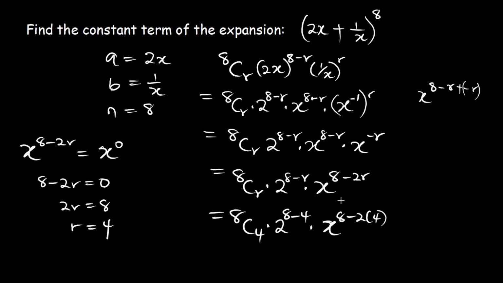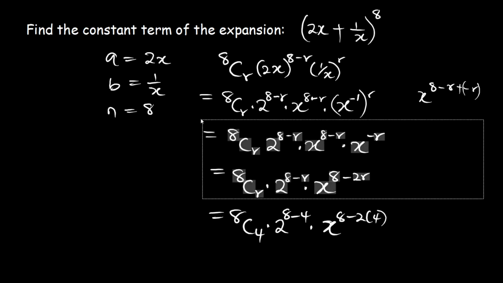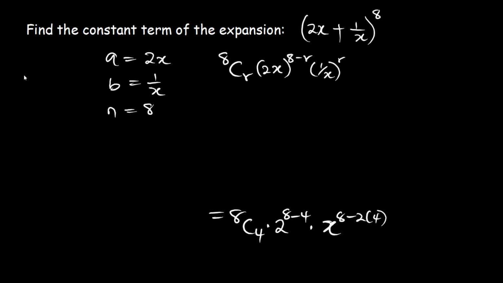And of course, we are expecting the power here to give us 0. So when we simplify that, we're going to have 8 combination 4 times 2 raised to the power of 4 times x raised to the power of 8 minus 2 times 4, which is 0.